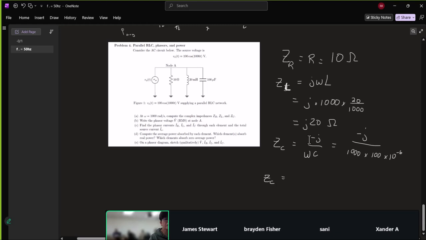So ZC equals minus j, 10 to the third times 10 to the second would be 10 to the fifth, times 10 to the minus 6 would be 0.1, which would be minus j10 ohms. Make sure I got all those right. j20, minus j10, and 10. All right.